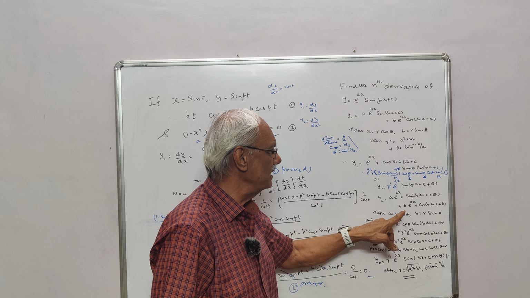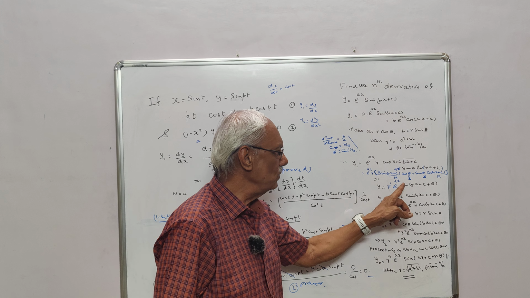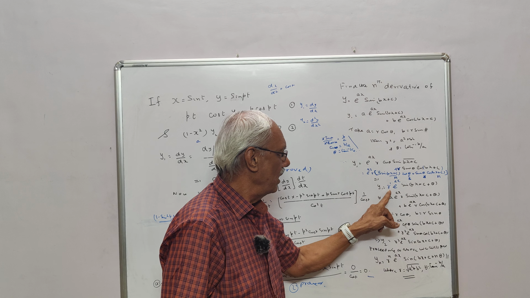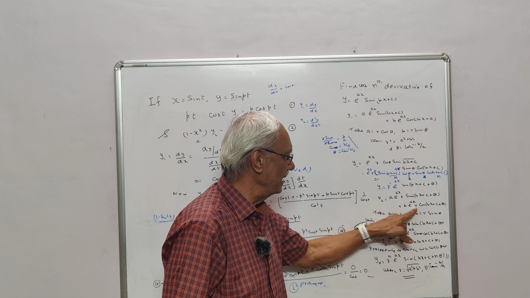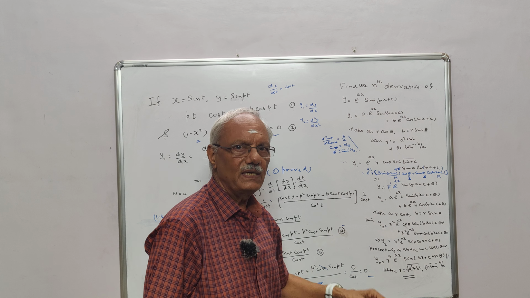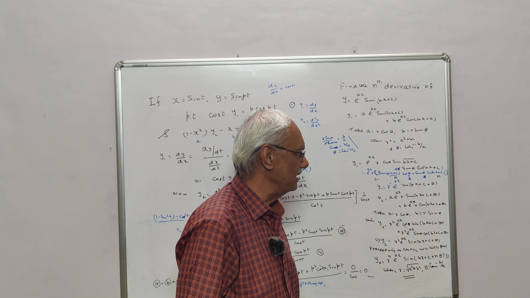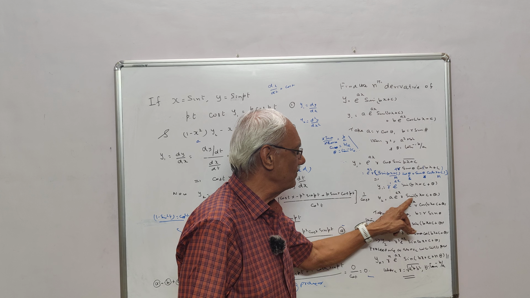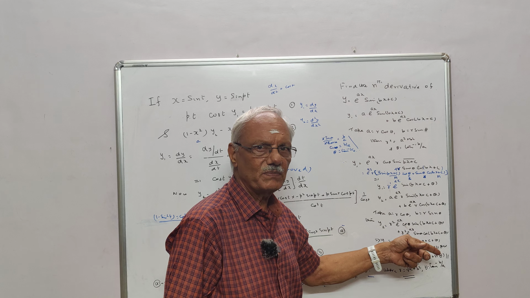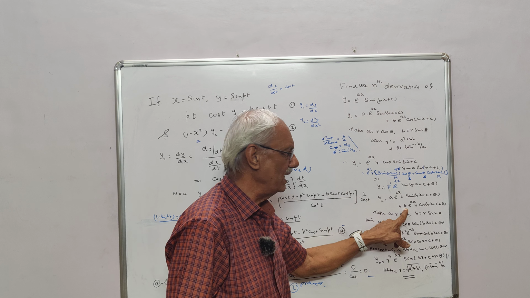The differentiation of this is a into e to the power of ax into r into sin of bx plus c plus theta, plus r into e to the power of ax, keeping it as it is, treated as a constant, and differentiating sin of bx plus c plus theta. That gives cos of bx plus c plus theta, and the differentiation of bx is b. That is why I have written here.